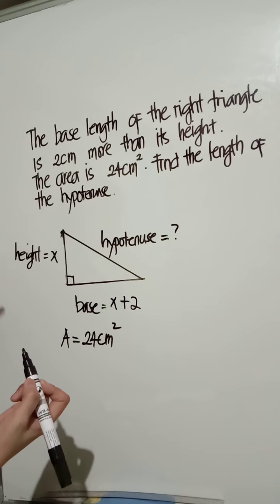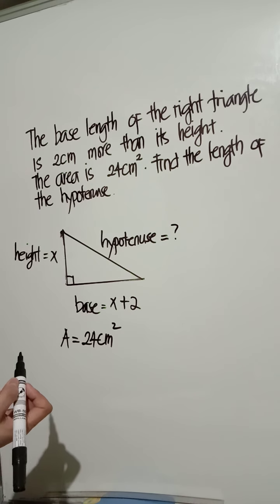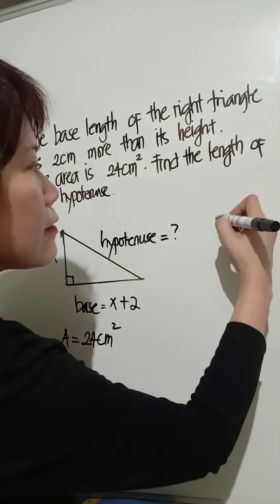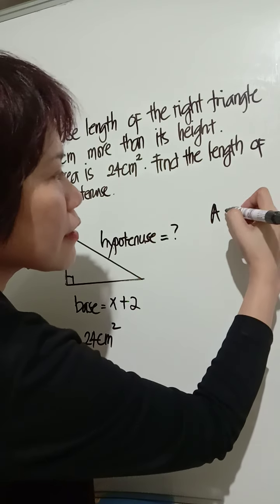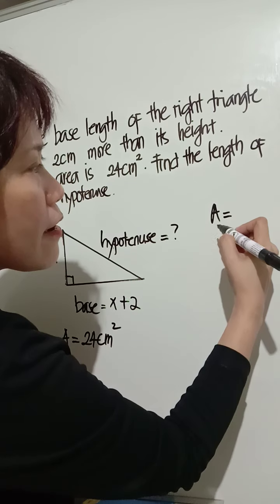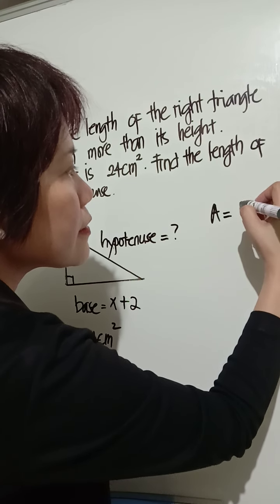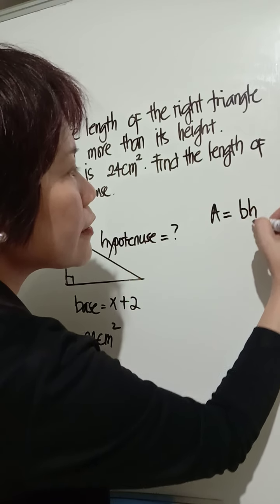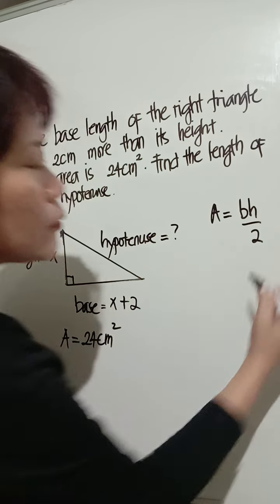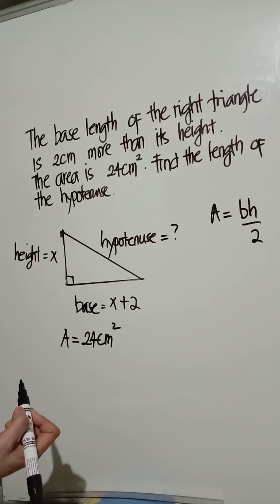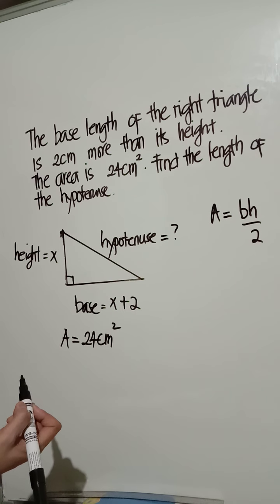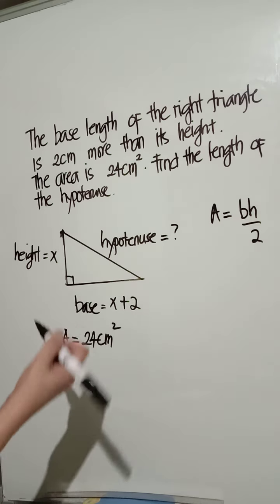The area of a triangle, we learned in our previous math class, is base times the height divided by 2. Okay, so let us now substitute the given in the formula.